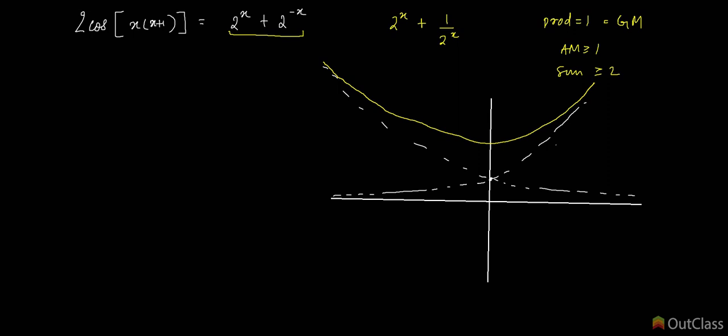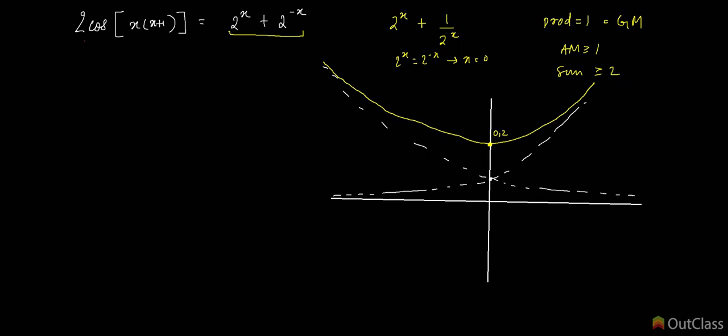It's a rough curve. I don't know exactly what it looks like, but that lowest point, we know that the AM is minimized and the sum is minimized when the terms are equal, or 2 raised to X is equal to 2 raised to minus X, which happens at X equal to 0. So X equal to 0 is the lowest point on the RHS curve, and that point is 0, 2.